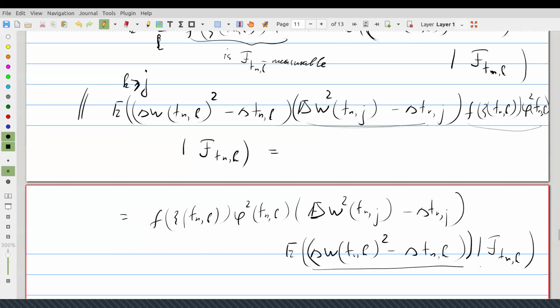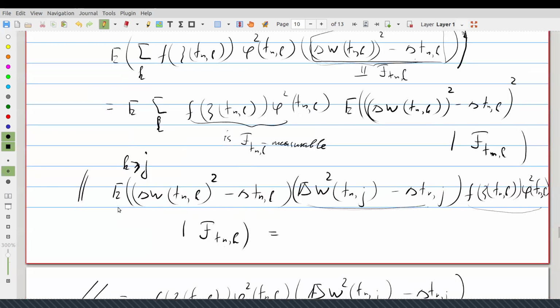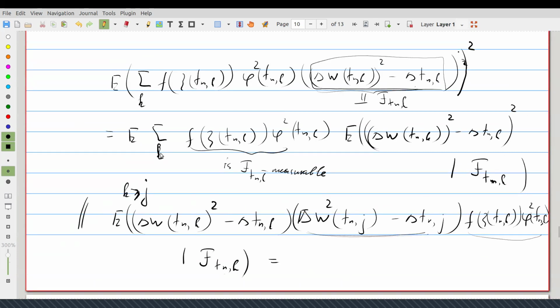But this is just zero, because this expression is independent of the sigma algebra, so we just need to calculate this mathematical expectation, and it is exactly zero. So there are no cross terms here.